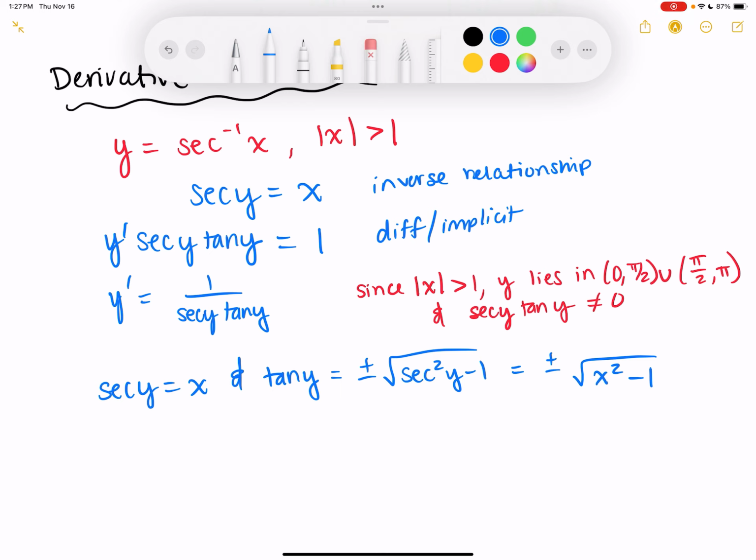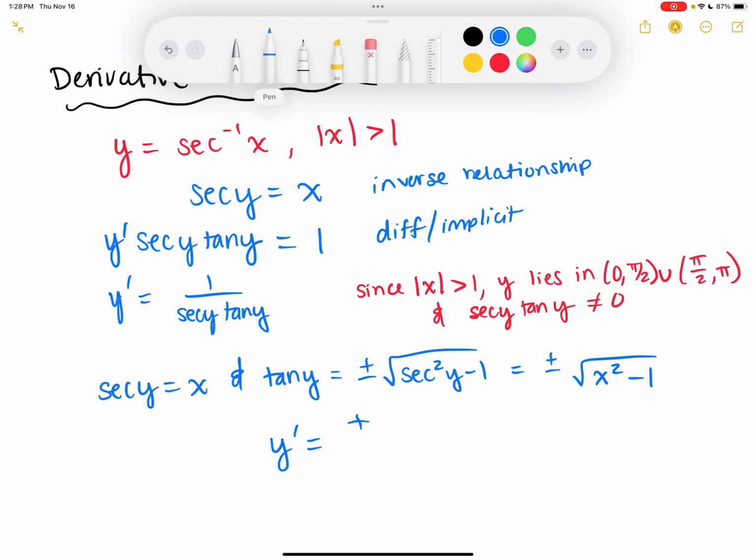So now y prime is equal to plus or minus 1 divided by... now normally, well, let me do it this way.